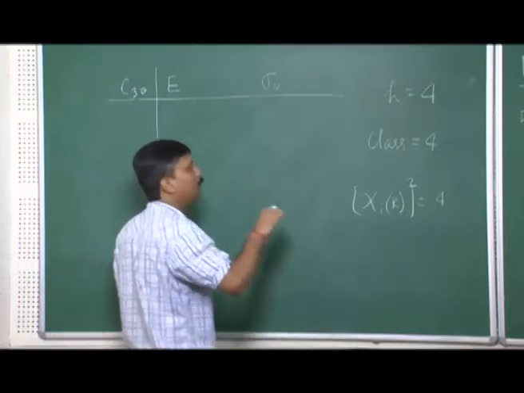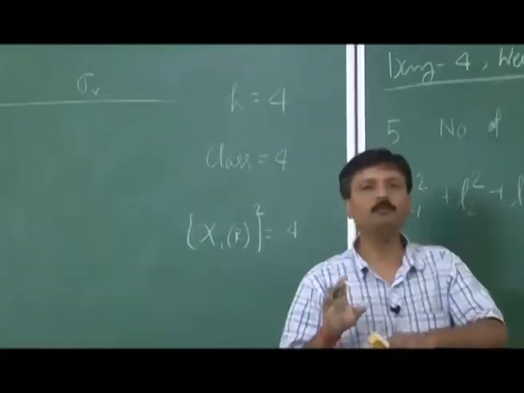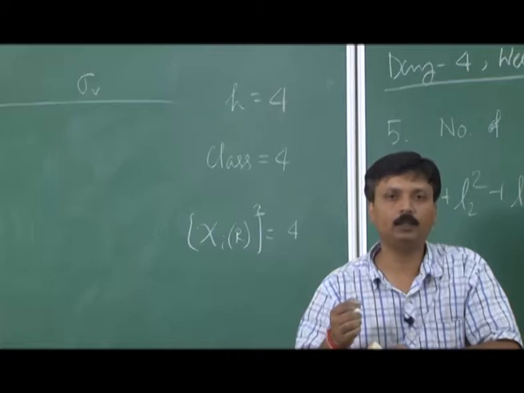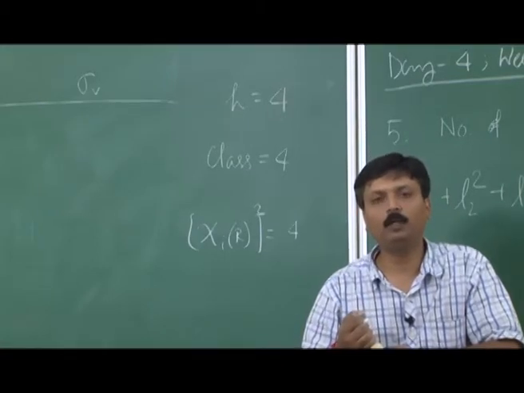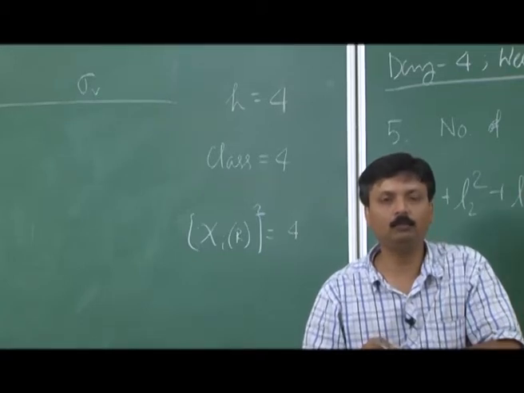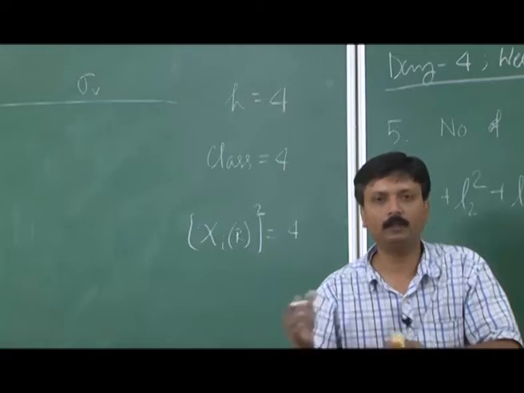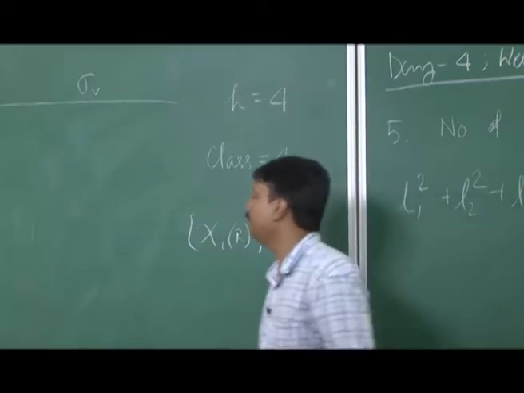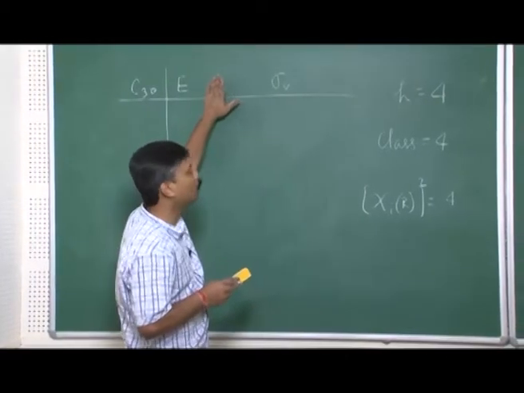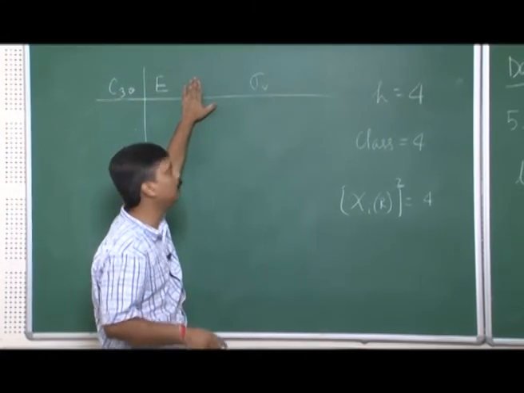Now when you write the character table, you write in terms of the class, because any symmetry operations belonging to a class will give you identical characters. So there is no point in writing it very explicitly. What is meant here is that I have C3 and C3 squared, 2 operations. Both of them will have the same character corresponding to any particular irreducible representation.